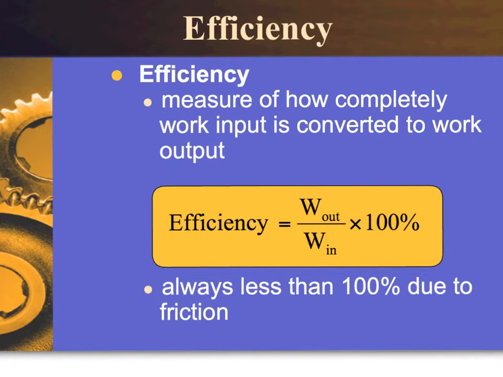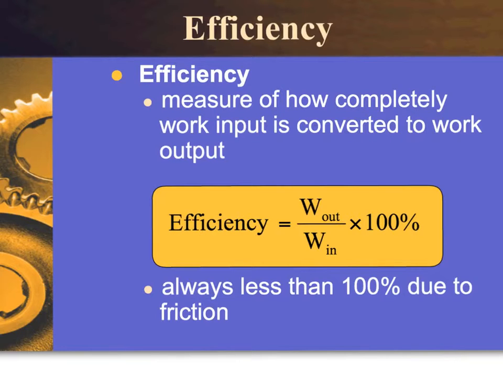So with regard to efficiency, we will measure how completely work input is converted to work output. The formula for efficiency is work output divided by work input times 100%. Efficiency will be given as a percentage.